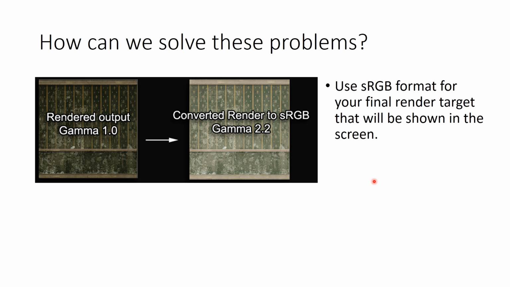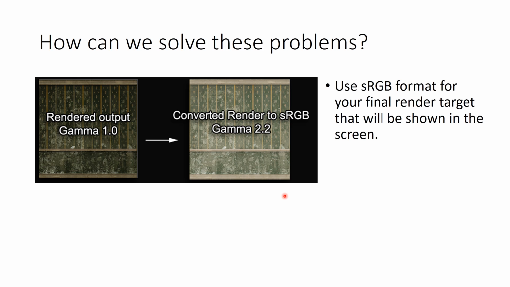Also, you should use sRGB format for your final render target, because remember that you're working in linear space. But then you should apply the gamma that will be cancelled out by the monitor and that will finally be displayed as linear.